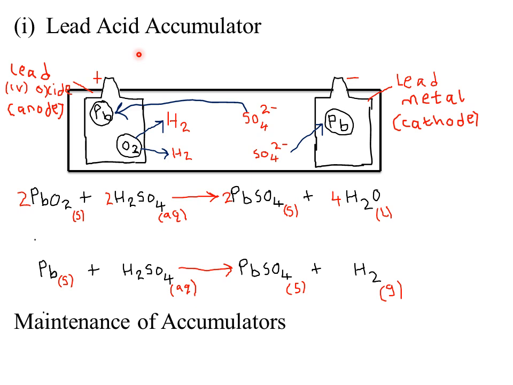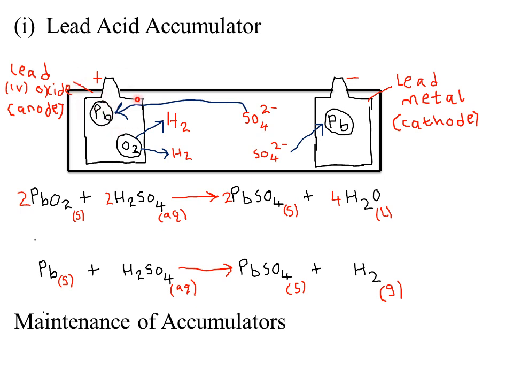Then the electrolyte is a solution of about 64% water with a relative density of around 1 and about 36% sulfuric acid with a relative density of around 1.84. When the accumulator is discharging, or giving away electrical energy, the sulfuric acid dissociates into hydrogen ions and sulfate ions.